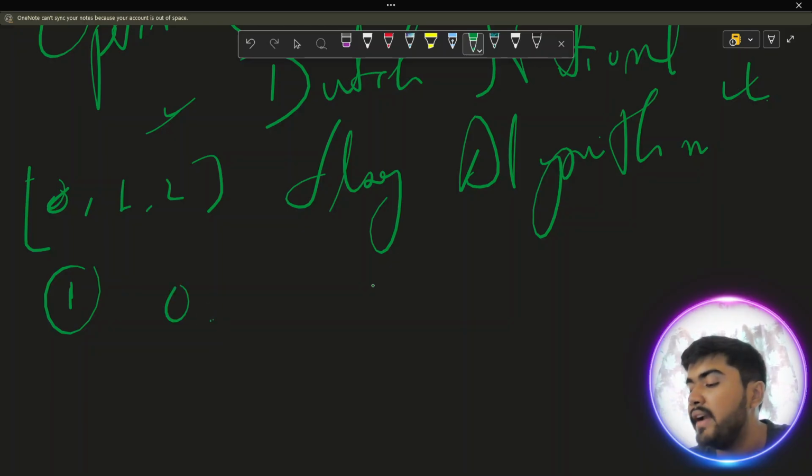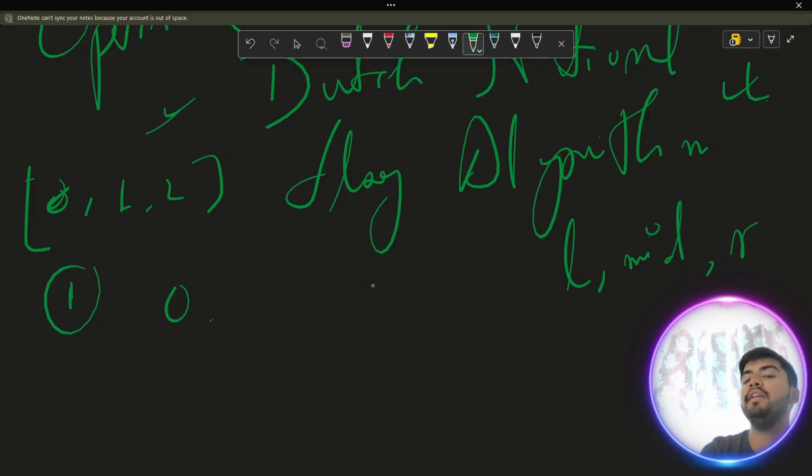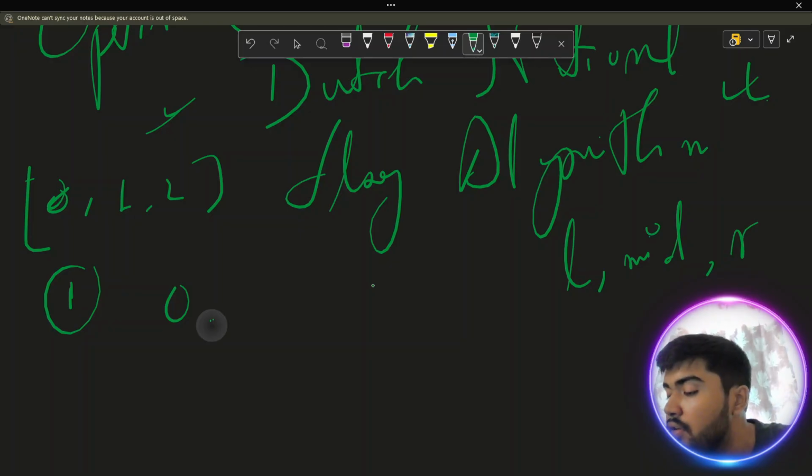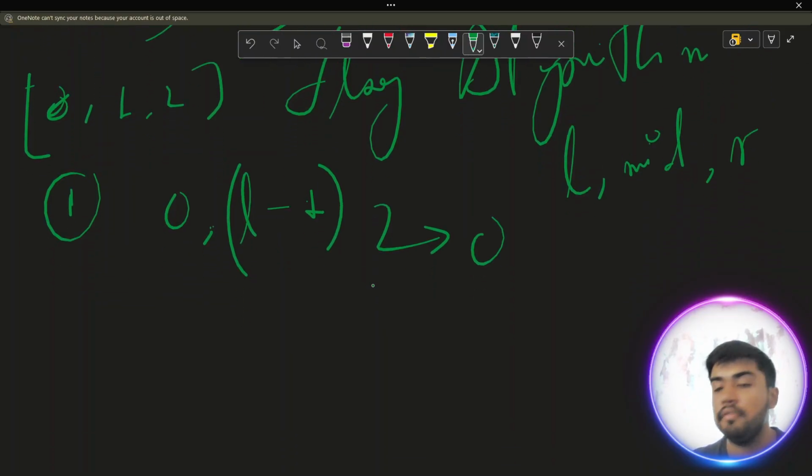You have 3 pointers: low, mid, and high. Now the algorithm states that in your array, 0 to low minus 1 should all hold the value 0. That is the first rule.